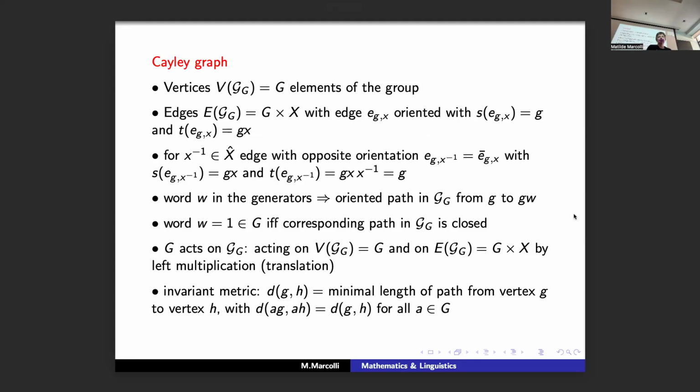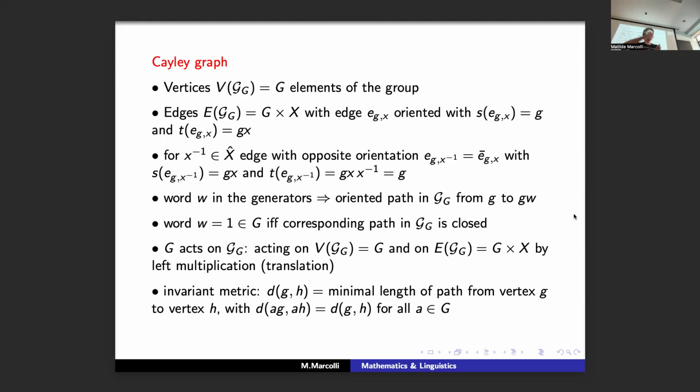Okay, so what do you do for these cases? Well, one thing that you can associate to a group is its Cayley graph. So you place a vertex for each element of the group, and you place an edge for each relation that multiplies by one of the generators.